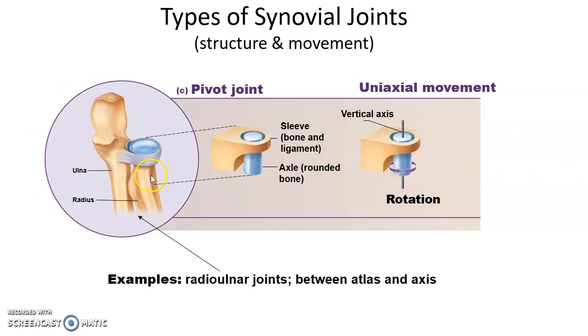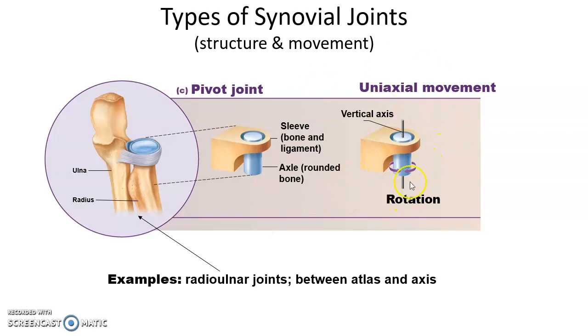Pivot joint. A pivot joint is designed so that one bone and some ligament wrap around another bone, allowing the bone that's wrapped around to twist. So that makes it a pivot joint. Examples are where the radius contacts the ulna and where the dens of the axis is in contact with the atlas.